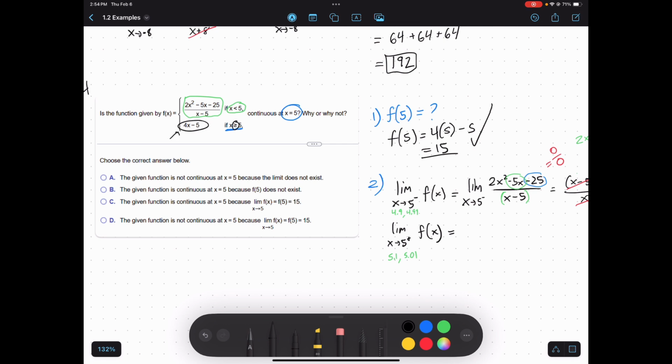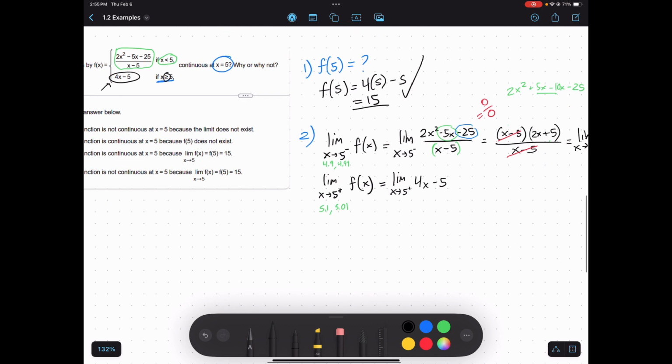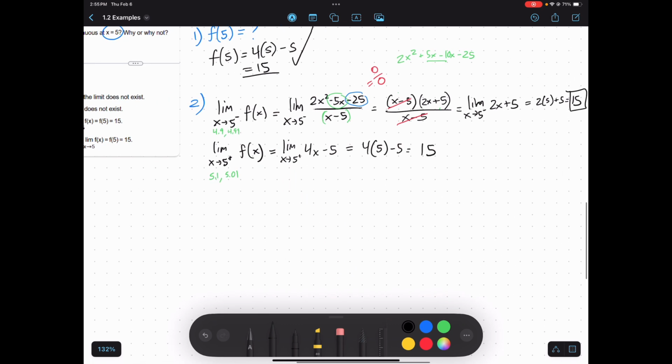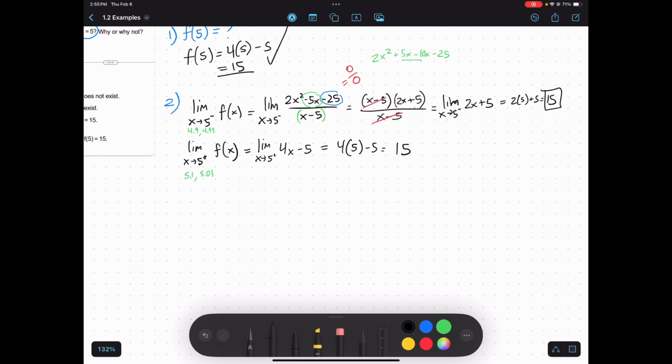I get the limit as x approaches 5 of 4x minus 5. Well, this one's nice because I don't have any extra work to do. 4x minus 5 is already a continuous function. I can go ahead and plug in 5, which you guys have already done, and you get 15.